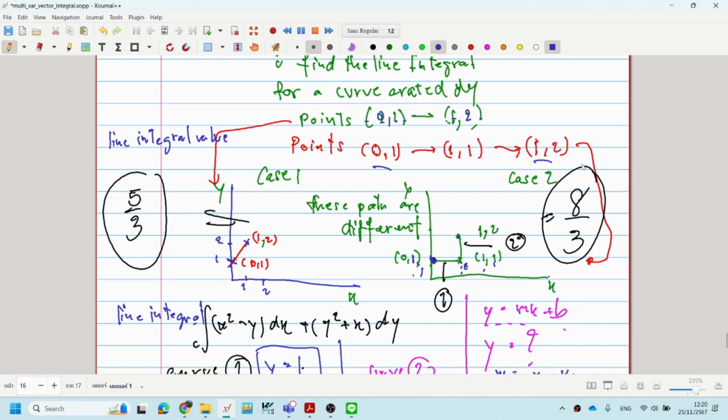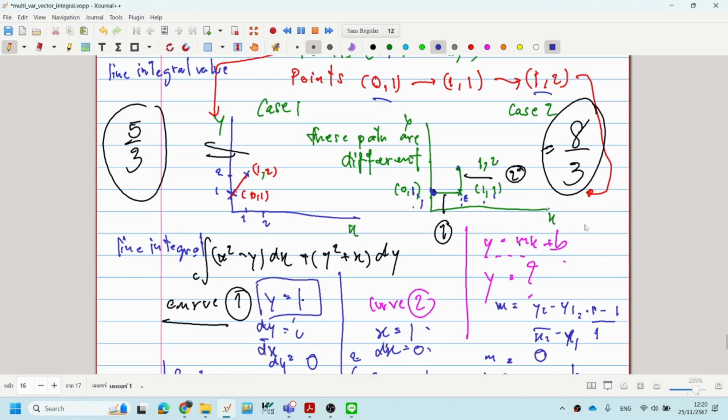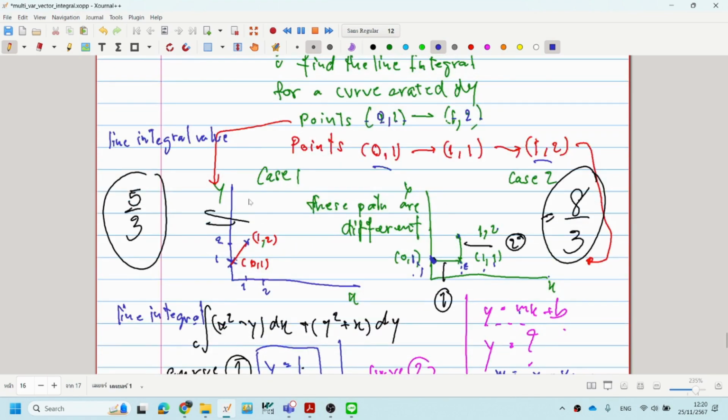This is the line integral value for case number 2.